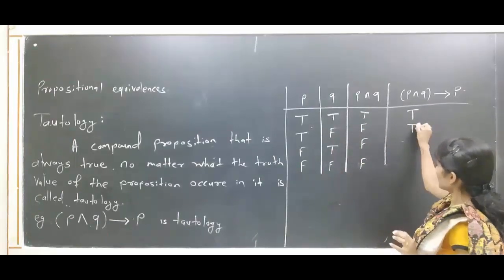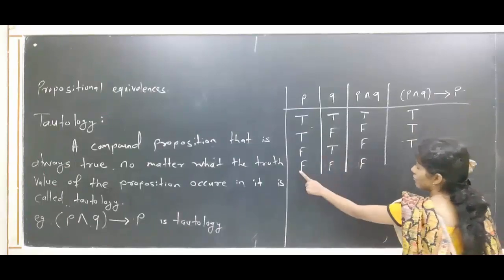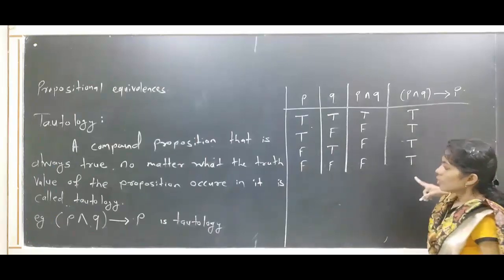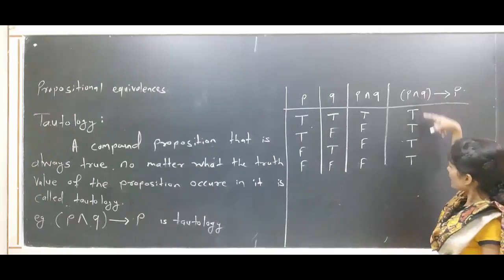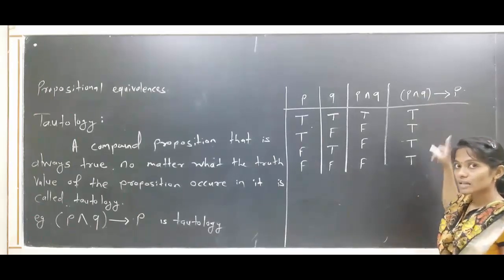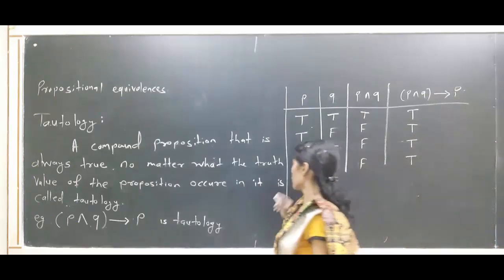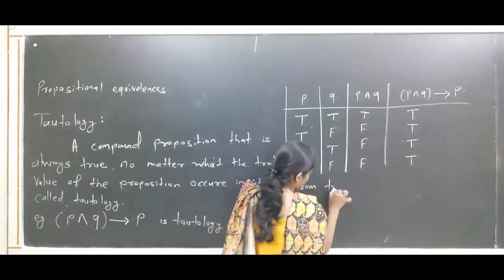We get T, T, T, and T. Observe this truth table. From the last column we get tautology, since in the last column all the truth values are true.